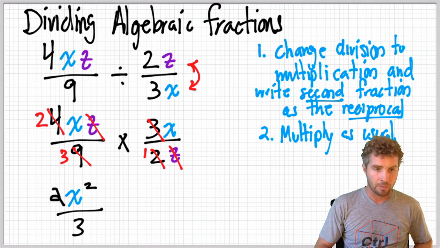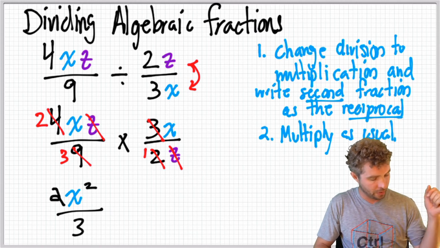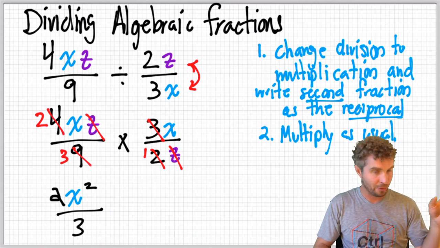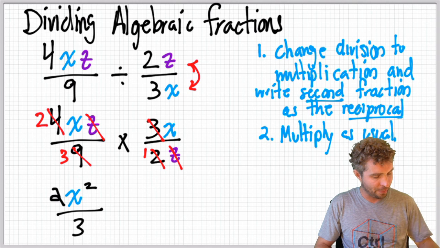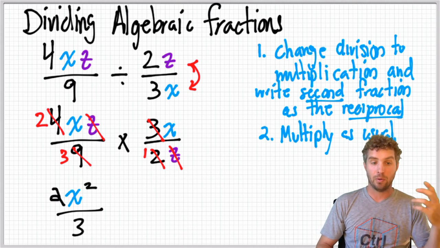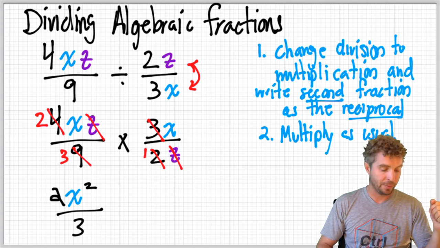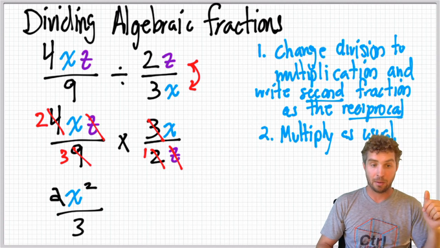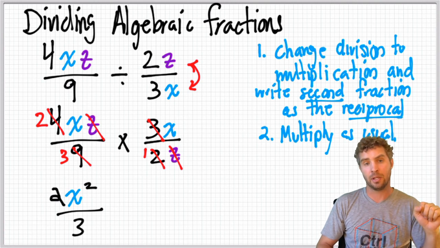Sorry for the sloppy 2, I just wrote that in with my finger because I realized I forgot it before. And then on the bottom, 3 times 1 is 3. So that is our new denominator, and that problem is done. There are no common factors anymore. It's as simple as it's going to get.